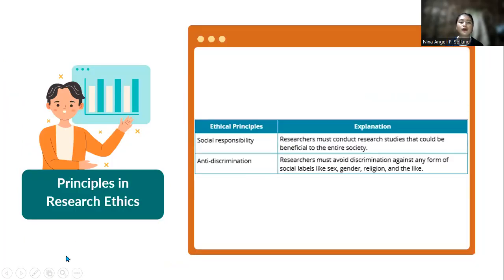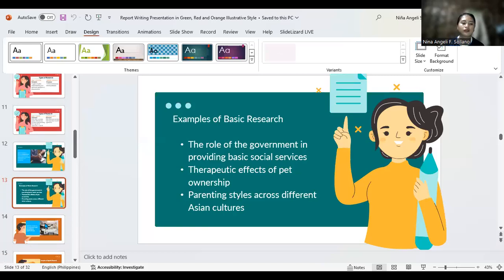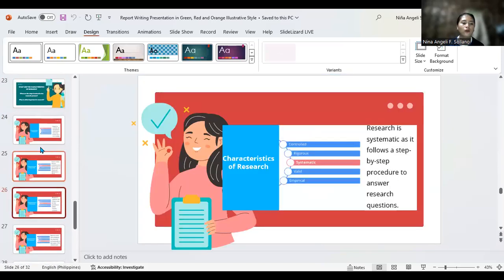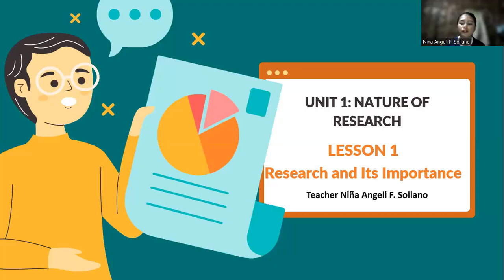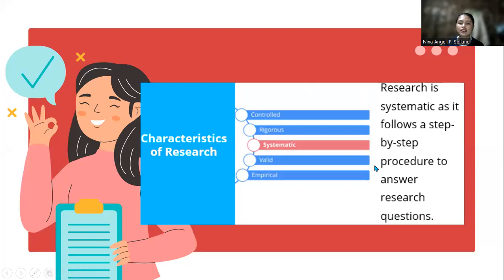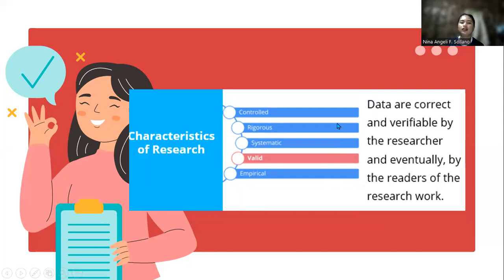So again, what are those characteristics we have in research? First, we have controlled, rigorous, systematic, valid, and empirical. Again, take note of the first letters, CRSVE. Again, CRSVE, or controlled, rigorous, systematic, valid, and empirical.